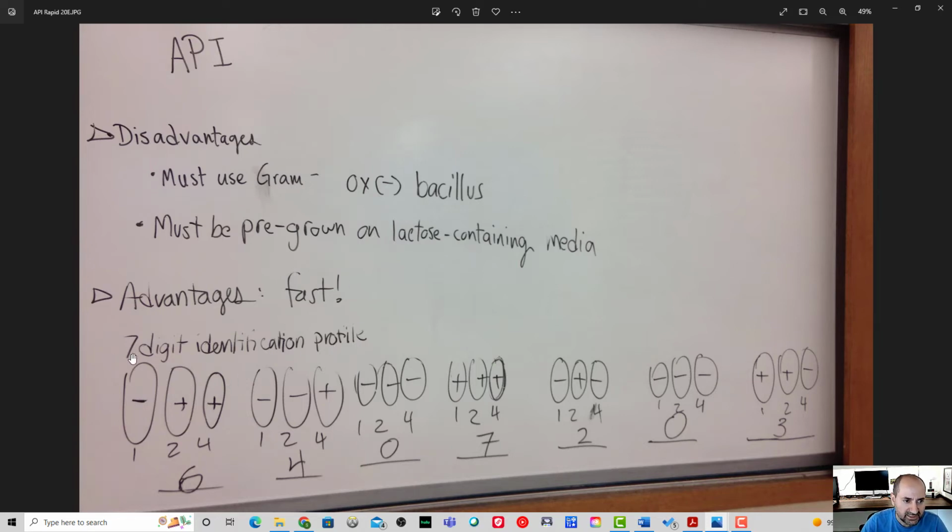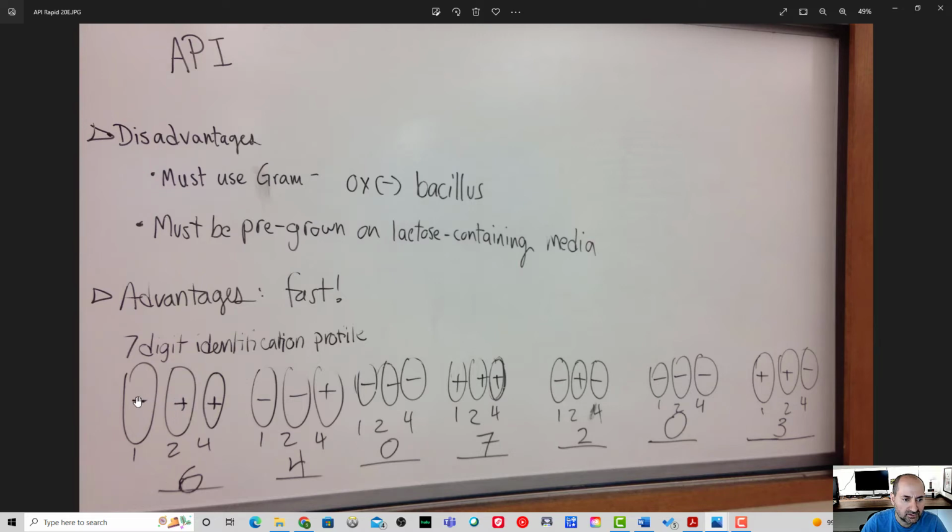Also, do you remember how to get your 7-digit identification profile with the test? Each three wells on the test correspond to a number. So the first well corresponds to the number 1, the second well is 2, the third well, for example, is a 4. What you would do is, whichever tests turn out positive, you would add those numbers together.